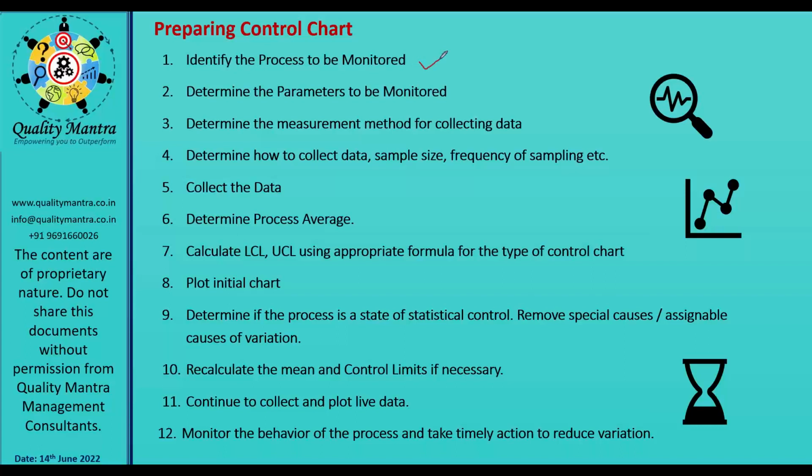There might be, for example, a tire curing process. So you want to monitor the time or temperature required for the curing. You want to monitor the curing temperature, for example.